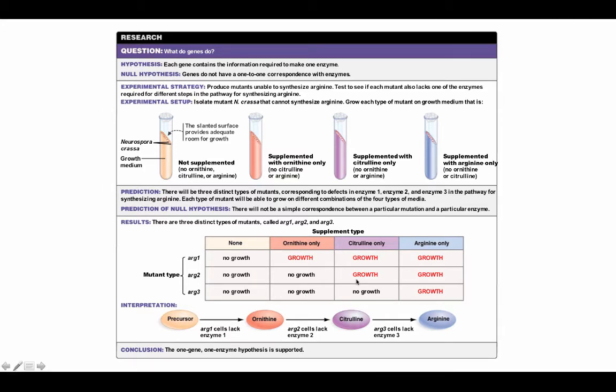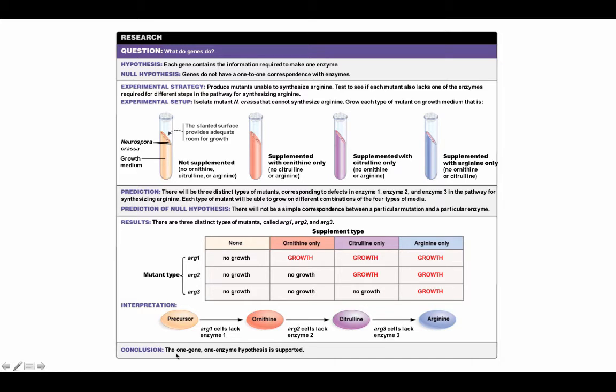And then there were mutants that could grow on citrulline only, and the mutants that could grow with ornithine only could also grow with citrulline only. But there were also another group of mutants that could grow on citrulline only that could not grow on ornithine only. And then other groups with no growth at all. And then all of these arginine deficient mutants were able to grow on media that contained arginine.